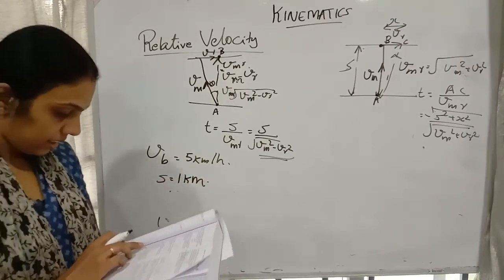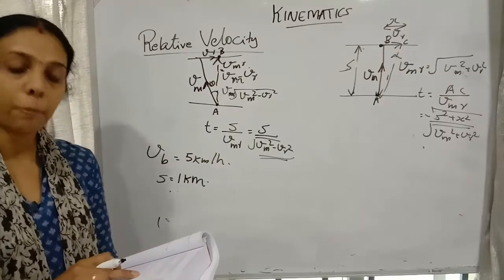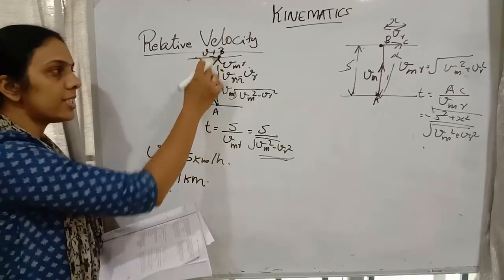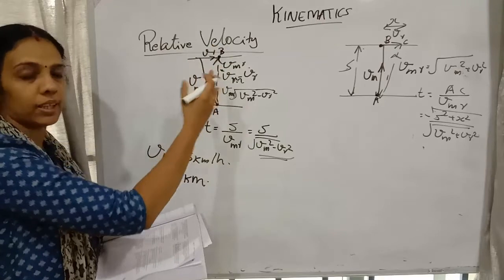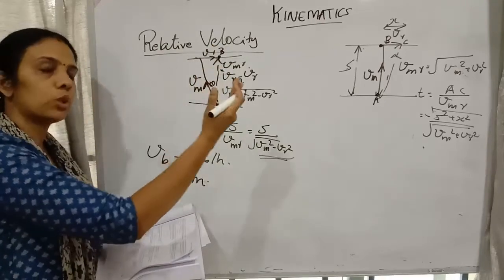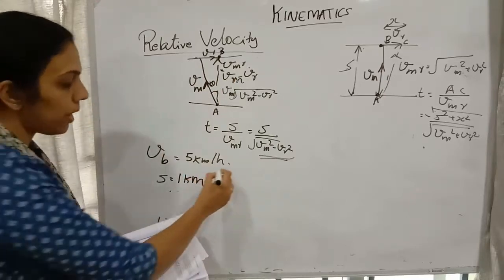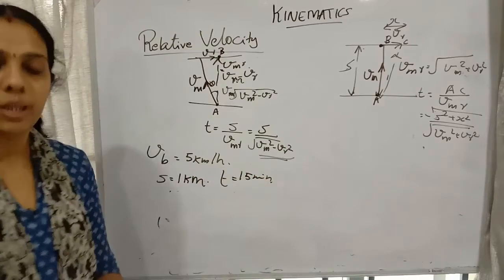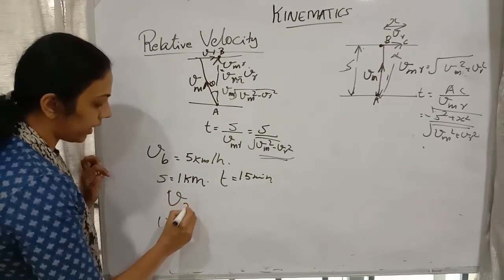It moves only along the shortest path, so he needs to travel exactly in a straight line. That is the shortest path, so he will be taking an angle theta. In the shortest path in 15 minutes, what will be the velocity of the river? We need to find the velocity of the river.